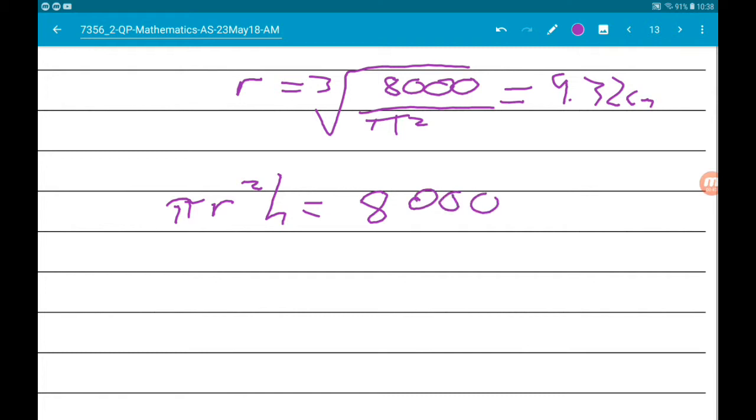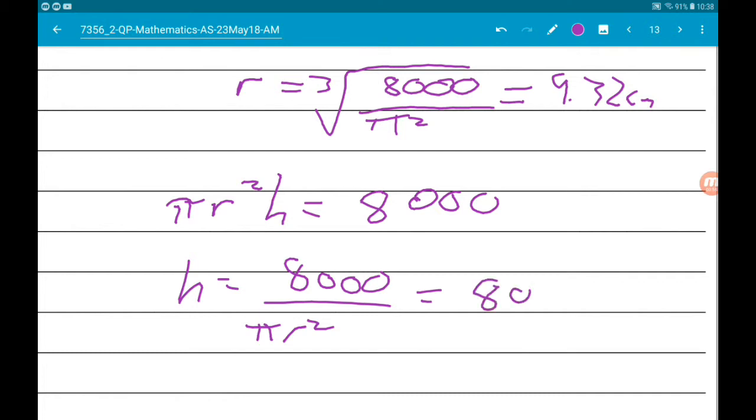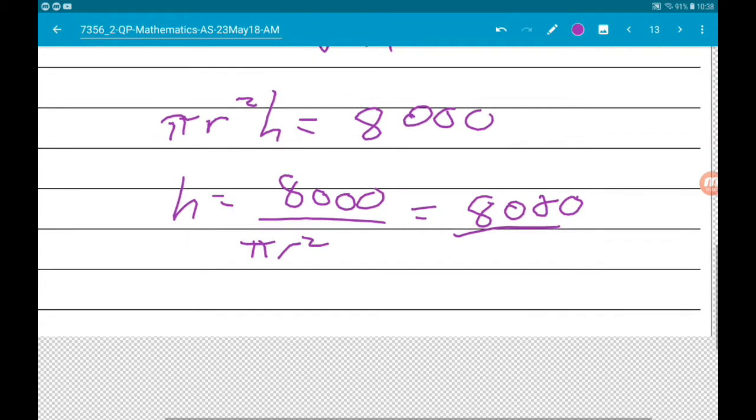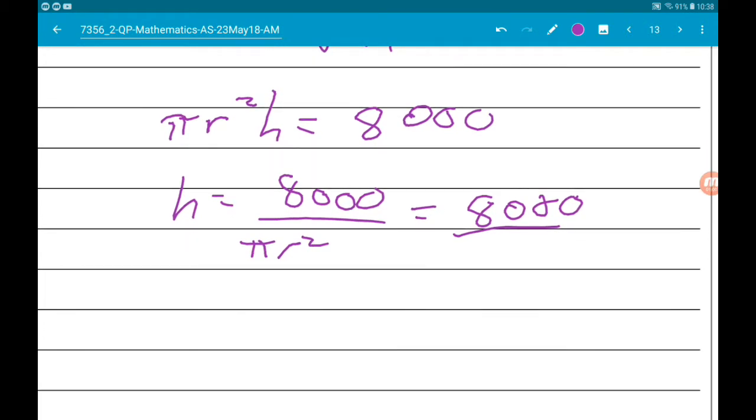So h is 8,000 over pi r squared, which is 8,000 over pi times 9.32 squared.